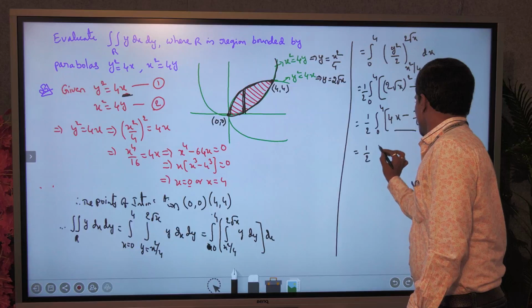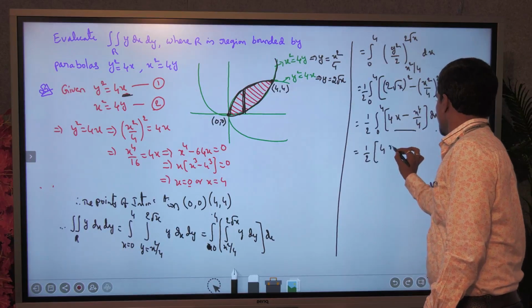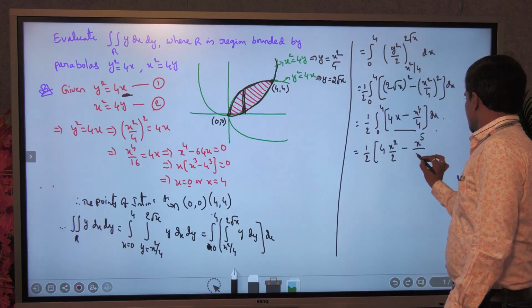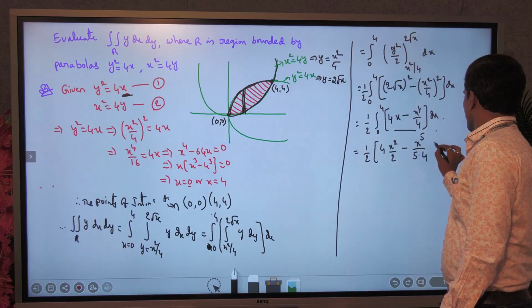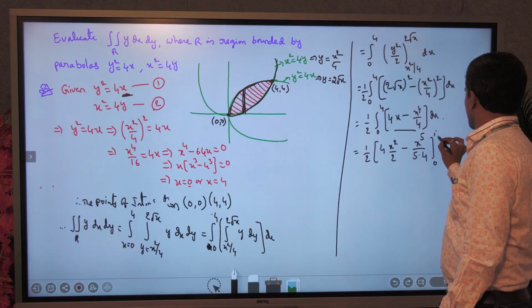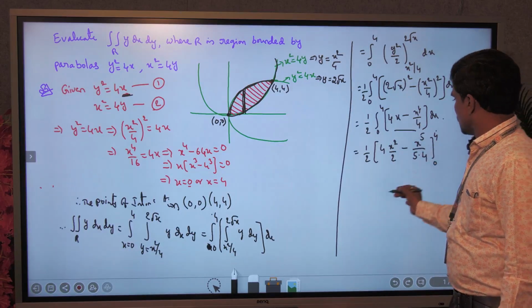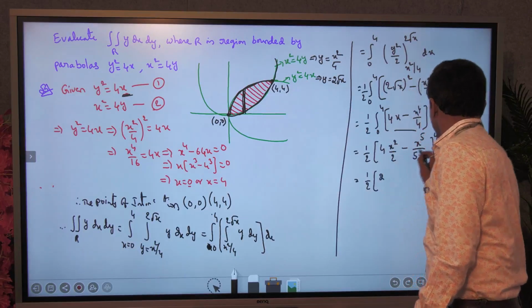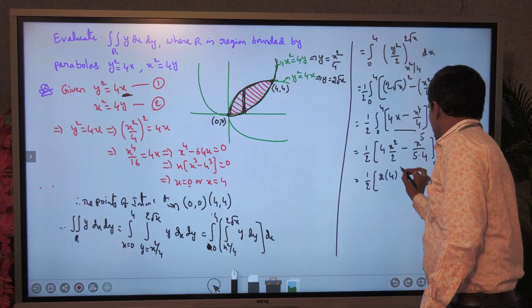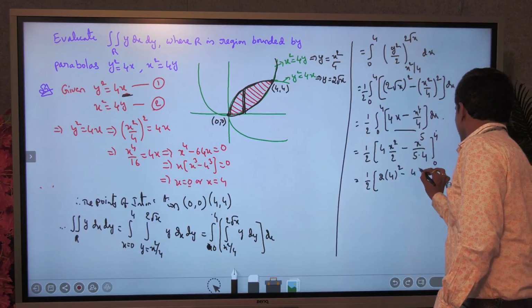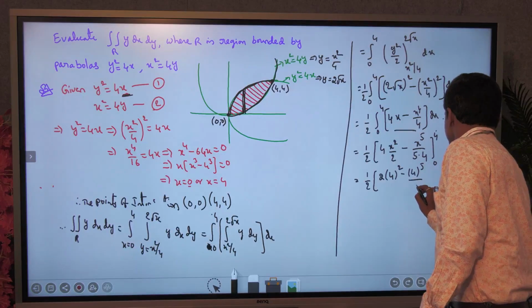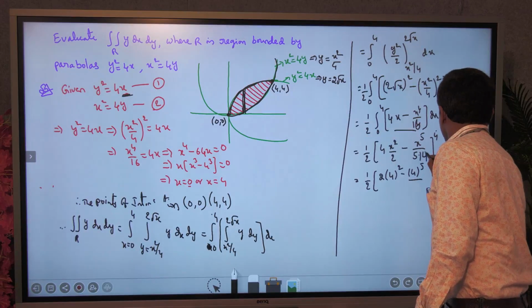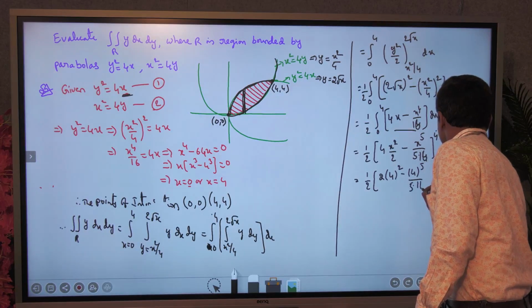Here 1 by 2 into, 4 is constant, the integration of x is x square by 2, minus the integration of x power 4 is x power 5 by 5 into 16. So the integration is over, with limits 0 to 4. Now substitute the upper limit and lower limit in place of x. Here 1 by 2 into, the 2 cancels, 2 into the upper limit 4 square, minus 4 power 5 by 5 into 16.